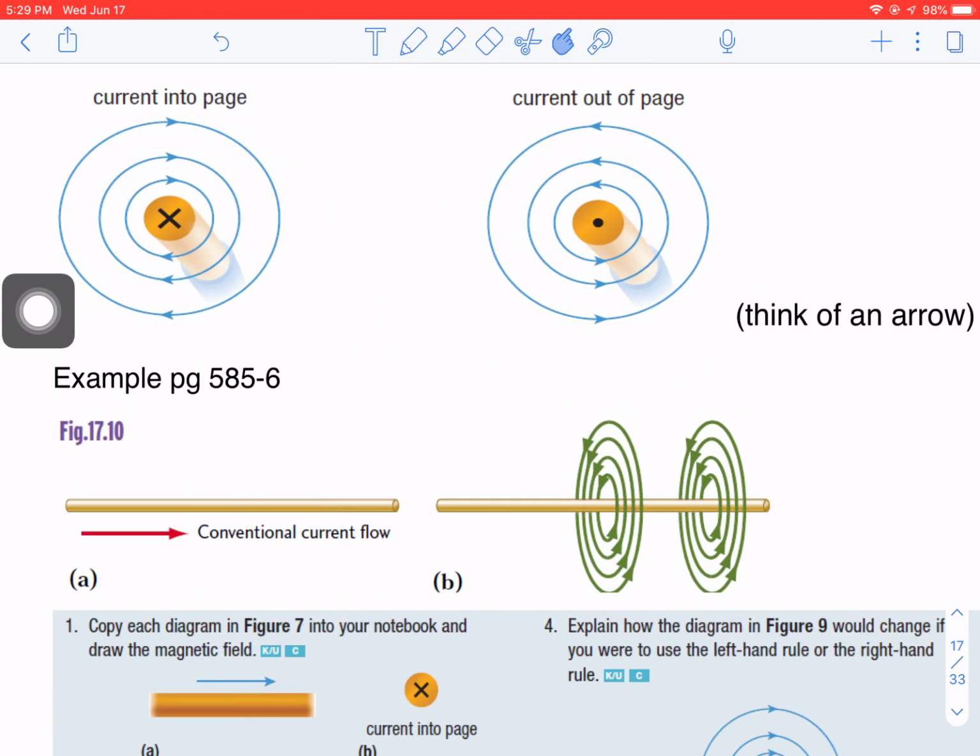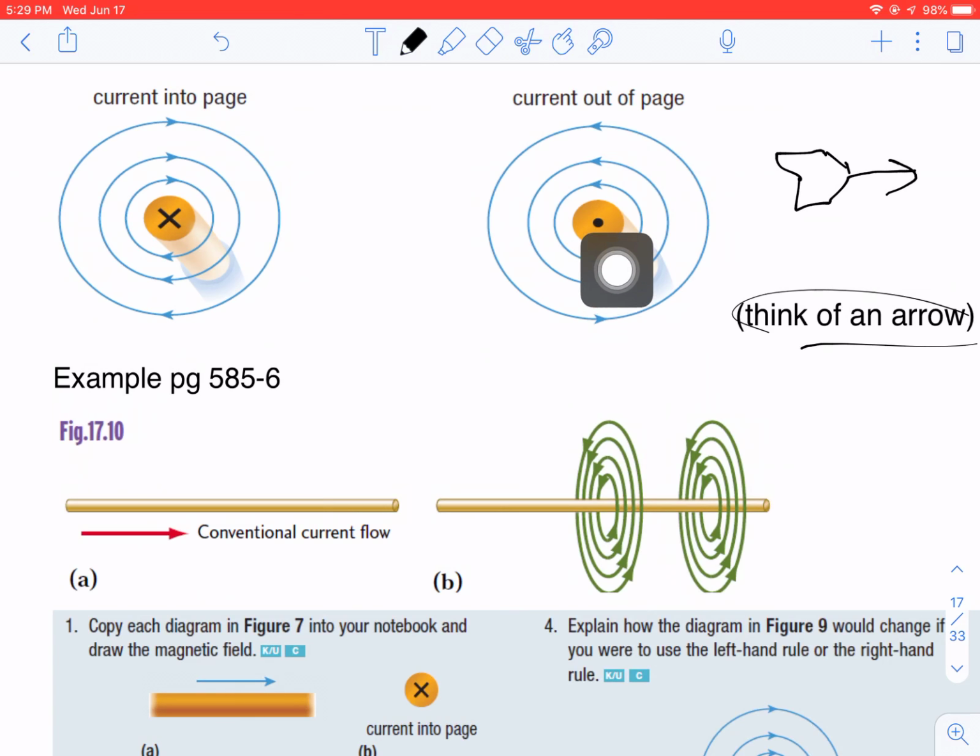Now, how do you remember which is which? We always think of an arrow. Think about what an arrow looks like. The arrow has got a head, and it's got a shaft and feathers on the end. If that arrow is coming towards you, what you're going to see is the point of the arrow coming towards you.